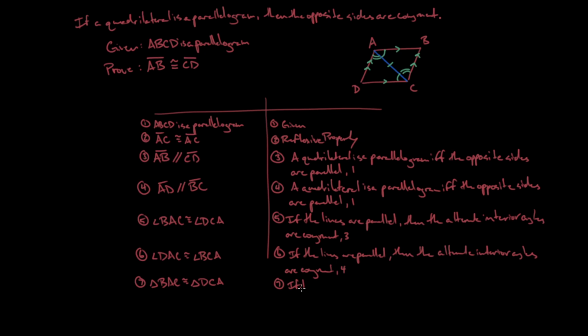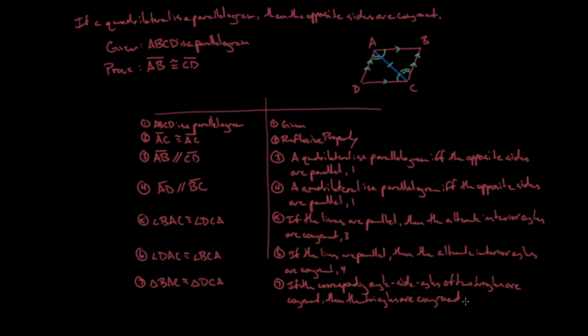If the corresponding angle, side, angles of 2 triangles are congruent, then the triangles are congruent.